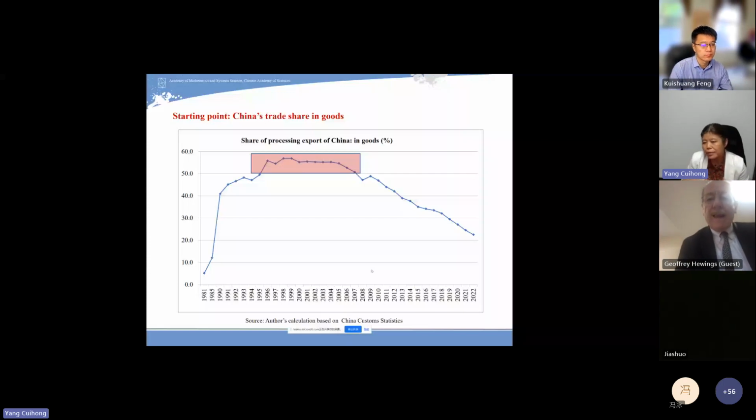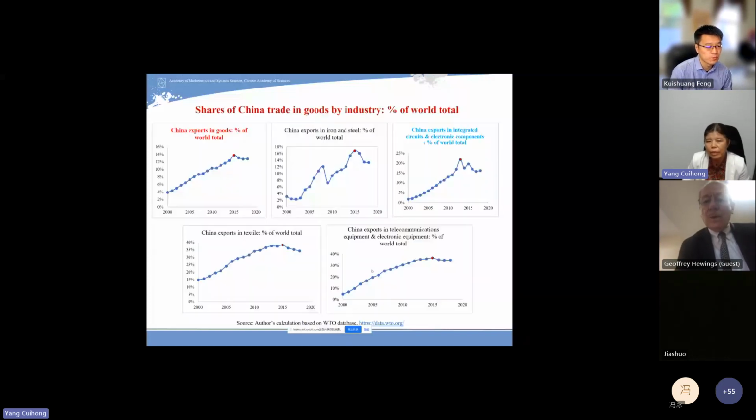So how and what kinds of relocation of the processing trade across the world globally in recent years? Actually, in the past several years, we try to figure out this kind of issue. This is several charts of the share of Chinese trade in goods by industry and of the world total.